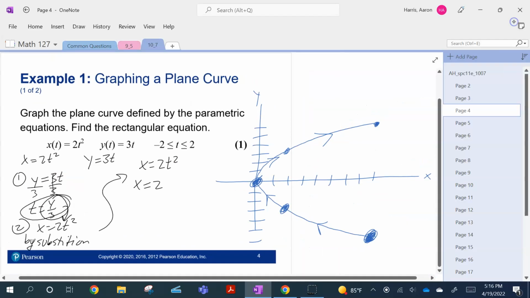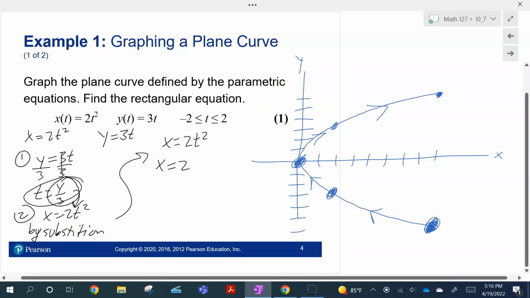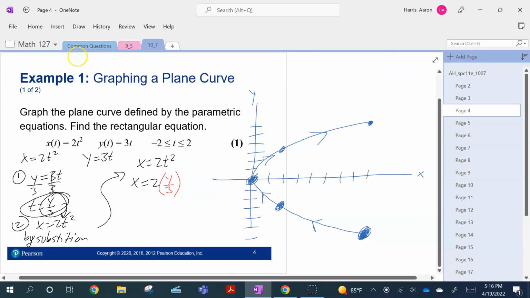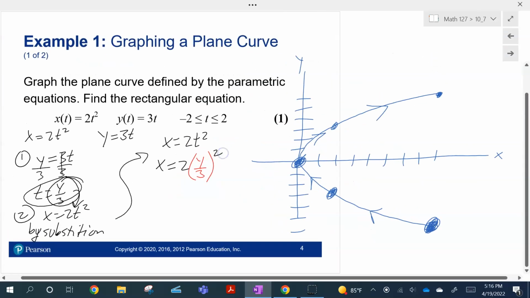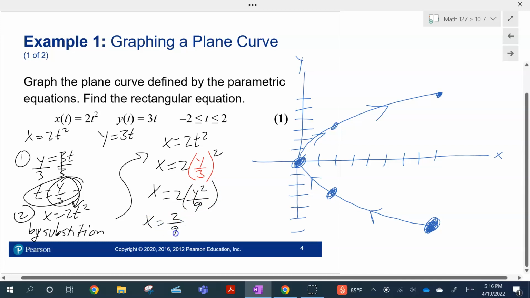Notice t equals y over 3, squared. So we get y squared over 3 squared, which is 9. So x equals 2 9ths y squared.